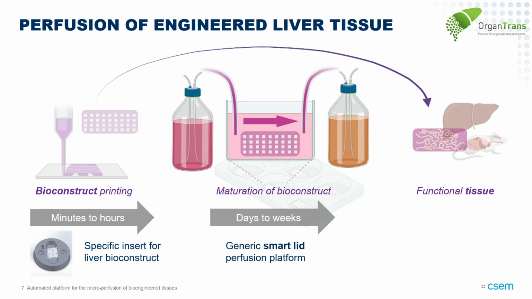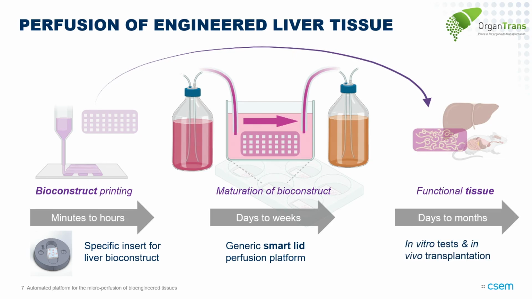For the perfusion, we use the smart lid technology that I showed you before, which enables the perfusion from days to weeks. And finally, we get to a functional tissue that we can test in vitro and also transplant in vivo. But now we will really concentrate on this maturation process.